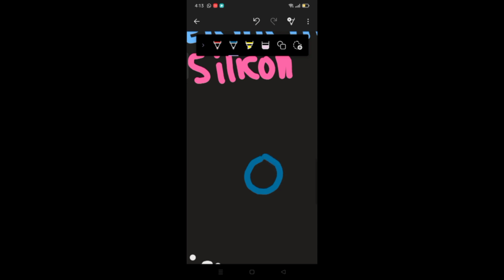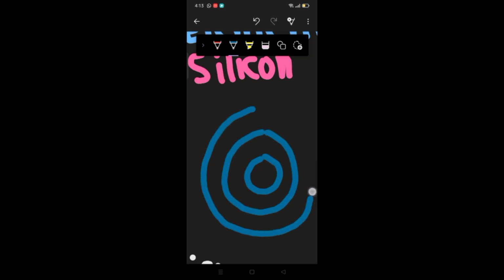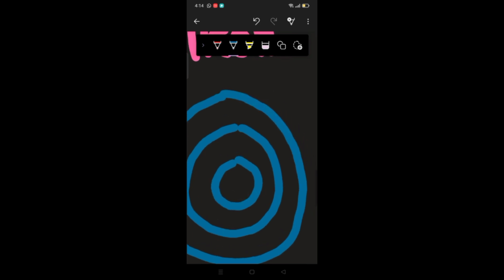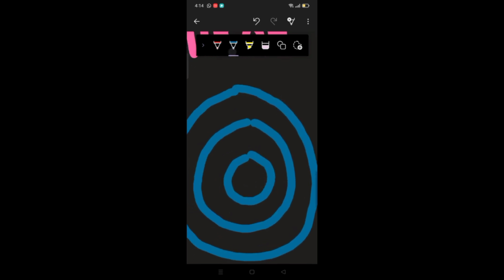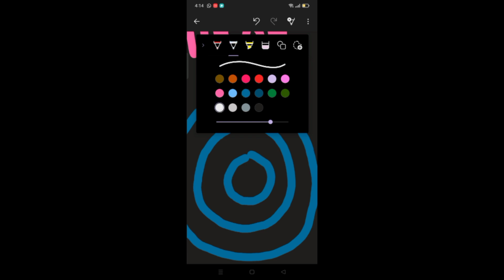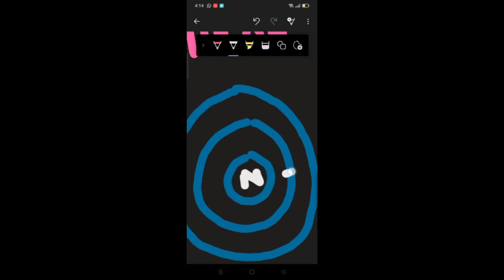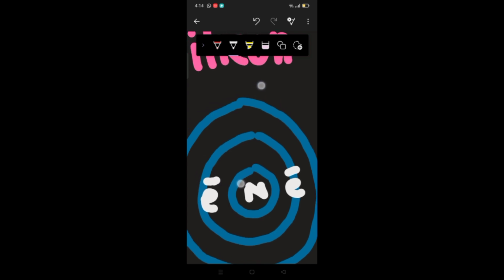This is the nucleus, this is the first shell, this is the second shell. Alright, so now let's see how many lone pairs or bond pairs it has. The first shell has 2 electrons, so 14 minus 2 is 12. So in the second shell we have 8 electrons.